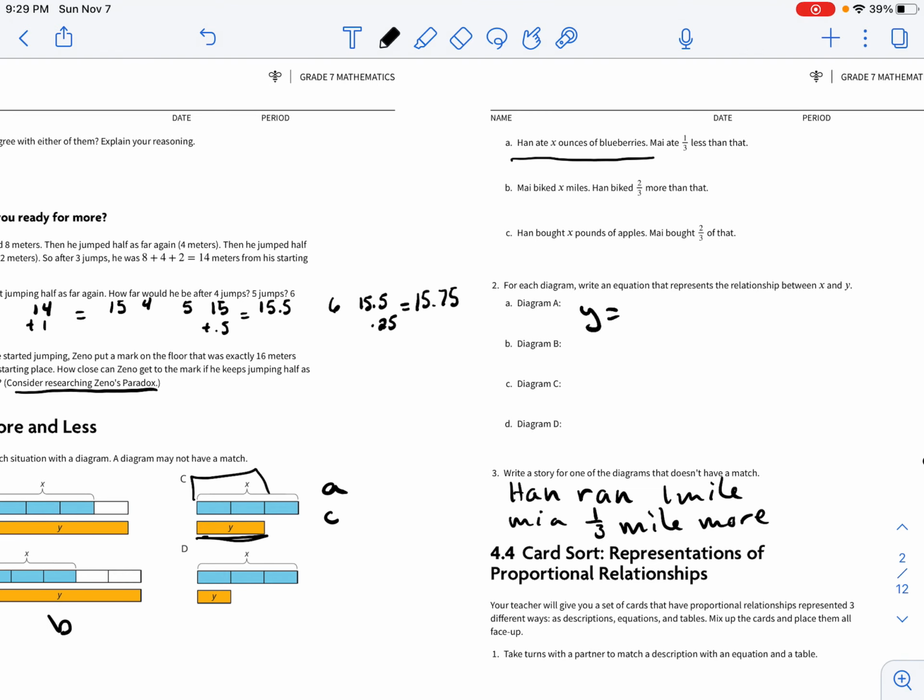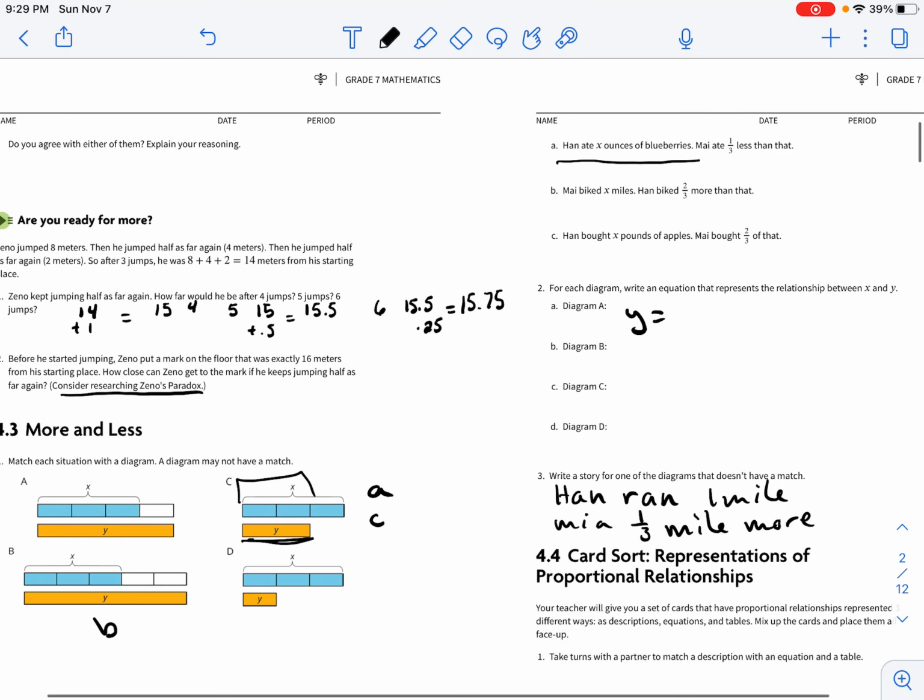So y equals three-fourths x. Nope, I did that backwards. Y equals 4/3 of x. Right, because if you times x by 4/3, you get the 3/3 plus the 1/3 to give you the length of y.